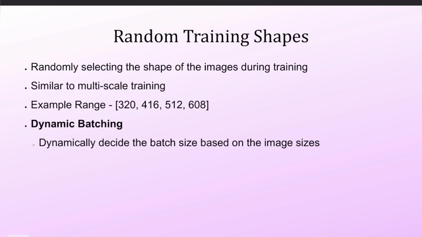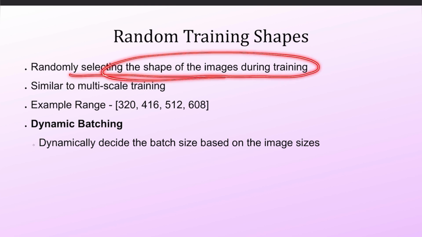The next bag of freebies YOLO-V4 has used is random training shapes. This is a very small tweak which has improved the model accuracy without affecting the performance of the model or adding any computation overhead. In simple terms, using random training shapes is nothing but dynamically selecting the shape of the image during training.